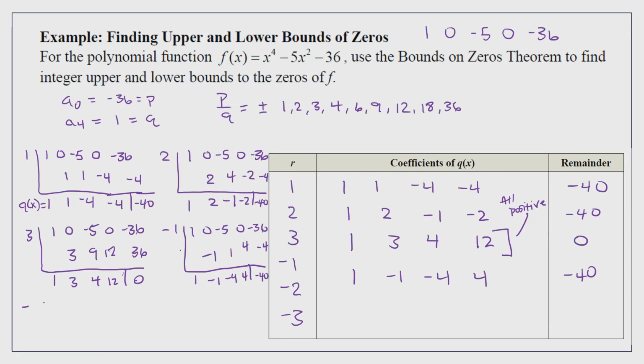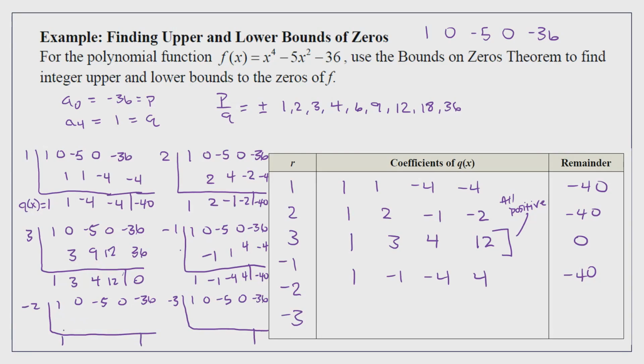Let's try -2. 1, 0, -5, 0, -36. And I'll also test -3 too, so I'll just set that up. 1, 0, -5, 0, -36.